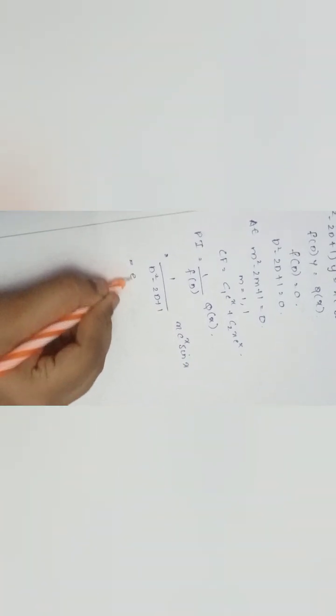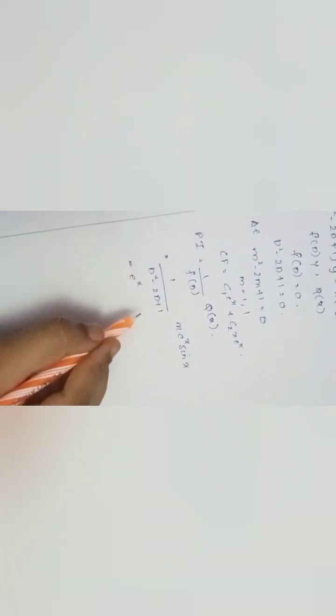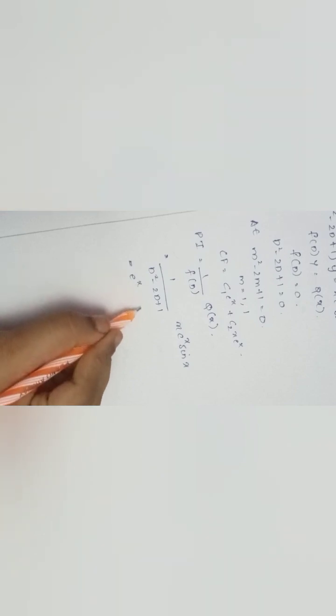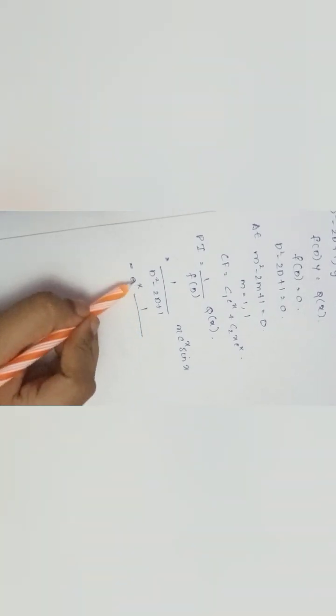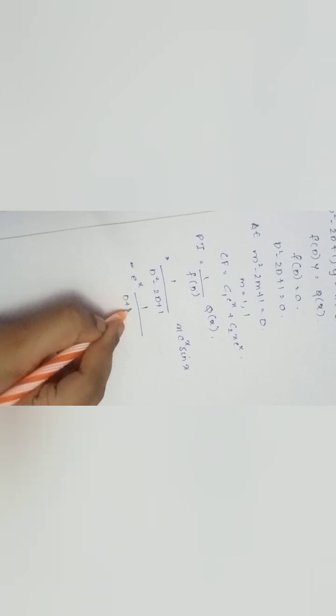V of x may be any of these. So first what we have to do is take the e raised to x outside, and change the denominator by substituting D as D plus a. Here a is 1. So (D plus 1) the whole square minus 2 plus 1. So this will become D square, and this will become x into sin x.